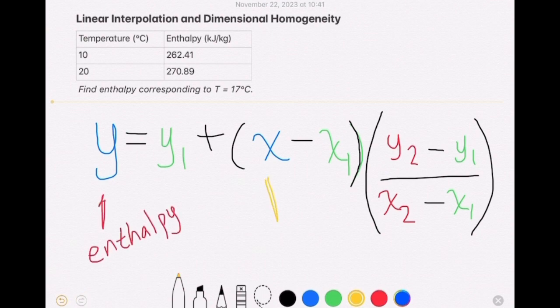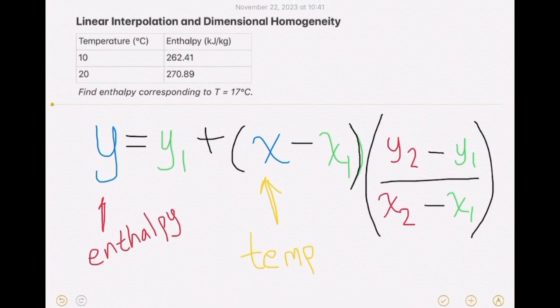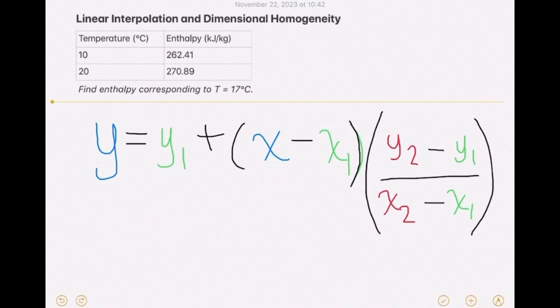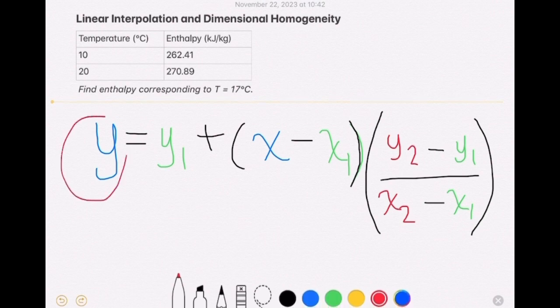The x values are going to be temperature. You don't have to worry about what enthalpy means right now. We're just looking at the numbers. The green values, x1 and y1, correspond to 10 degrees and 262.4 kilojoules per kilogram. The red values, x2 and y2, correspond to 20 degrees and 270.9 kilojoules per kilogram. This blue value is what we're looking for.